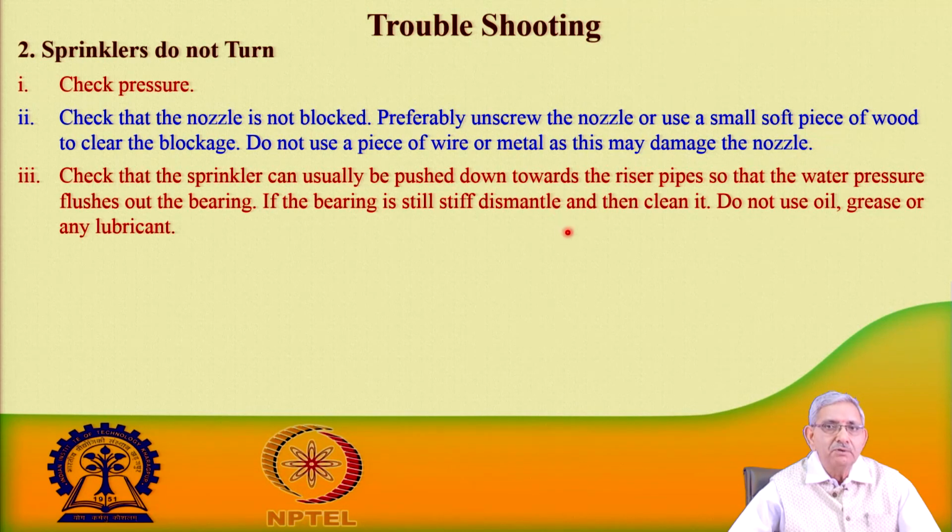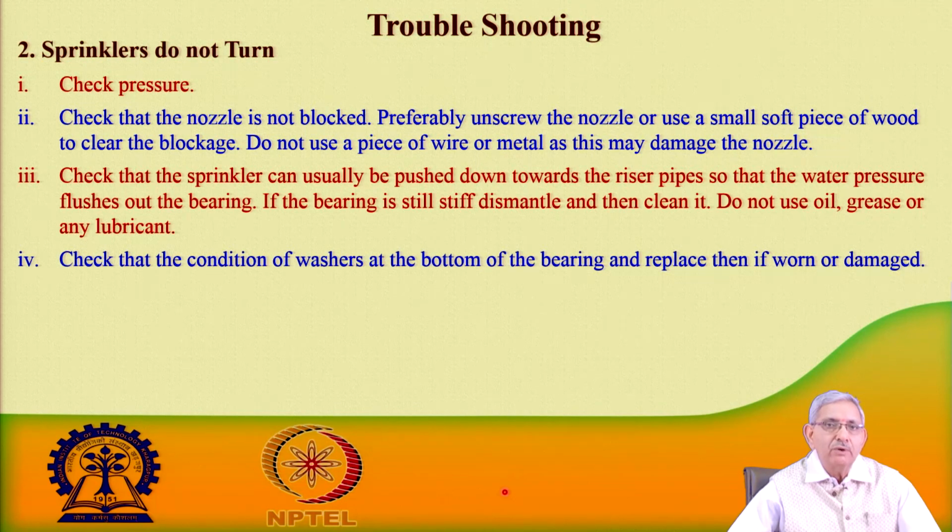Usually it is pushed down and may have gone inside the riser pipeline, so it should be brought back. Also, it is cautioned that one should not use oil, grease or any lubricant on the sprinkler head. This will spoil it and it will not work.